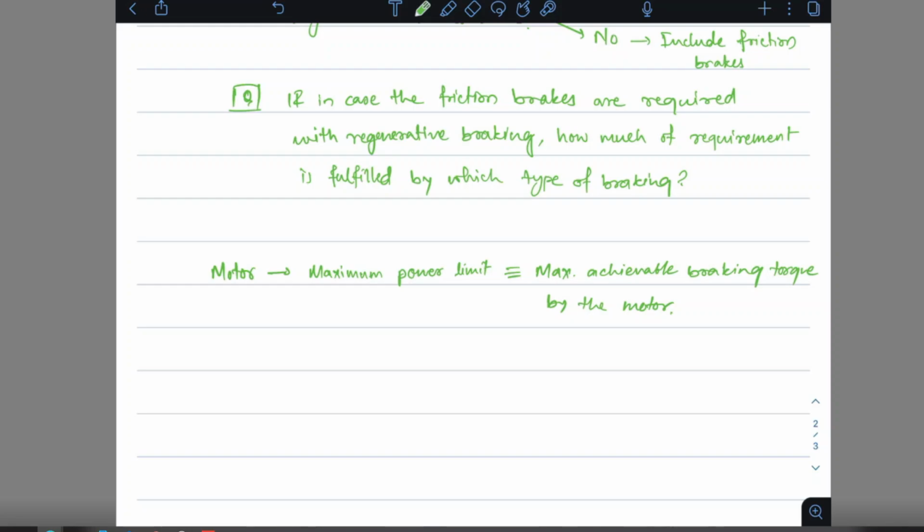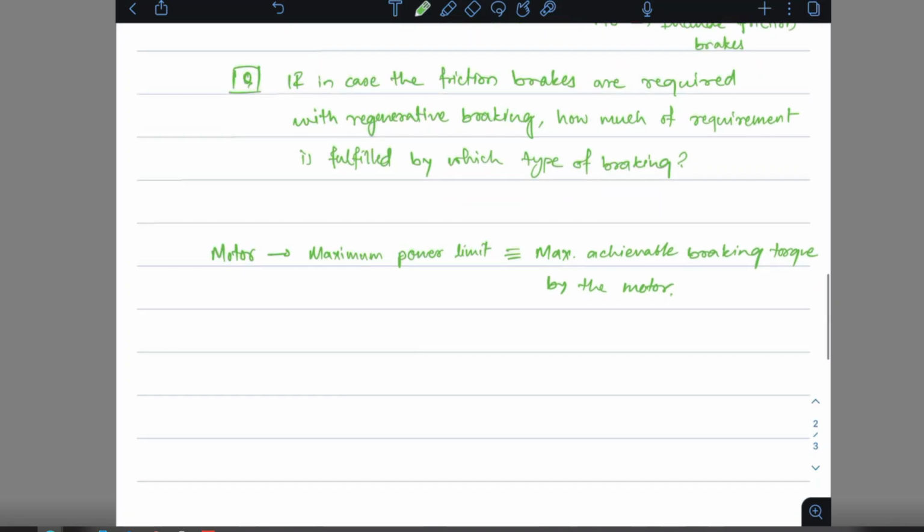Next to the motor, we have power electronics. There may be such a situation where the power electronics is not capable of taking in all the current or all the power which the motor is generating.